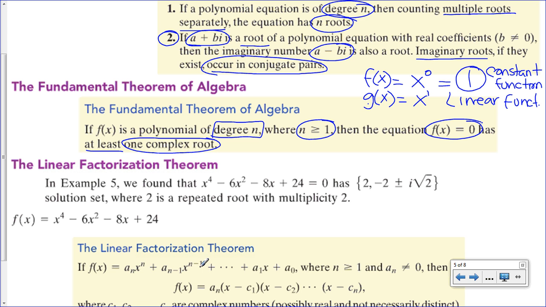So, what do you guys think? Why do you think that it says here we're restricting the theorem to polynomials that are of degree greater or equal to 1? So in this case, we're taking this one out of the question. So to have at least one complex root. Yes?